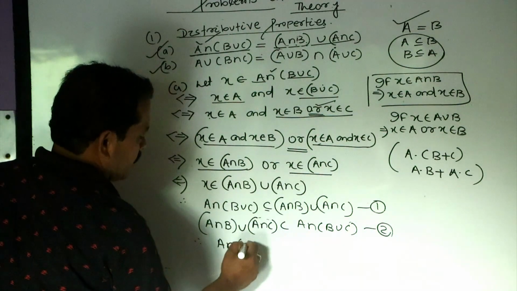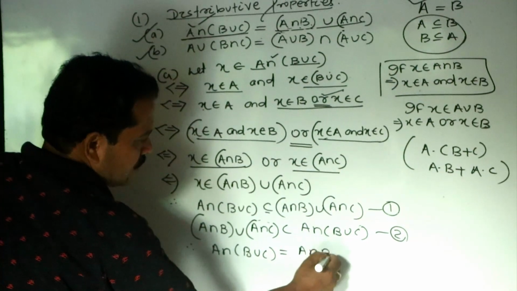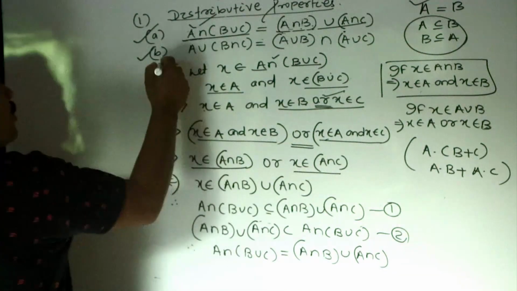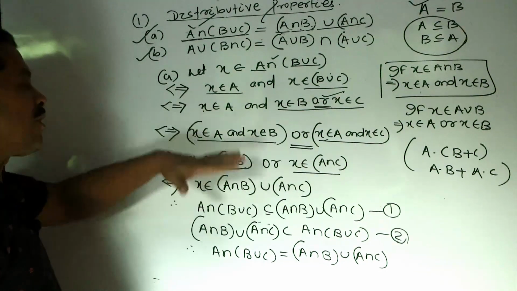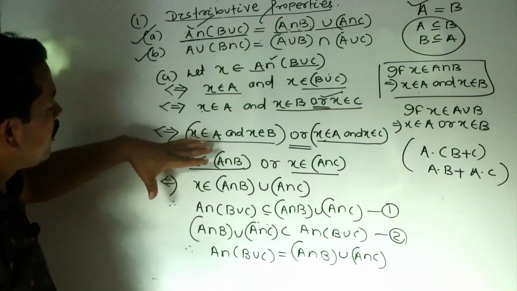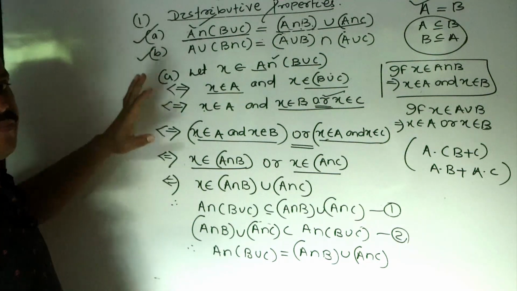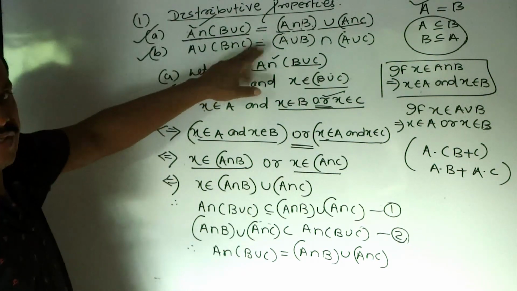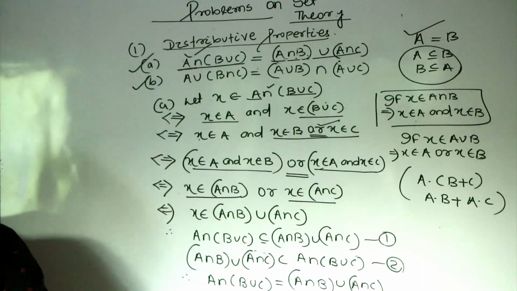Hence A intersection B union C equals A intersection B union A intersection C. You can also use the double implication. Instead of a two-part proof, you can convert it to a single part if you put double implication. In this way, you try the second bit yourself, that is the distributive property.